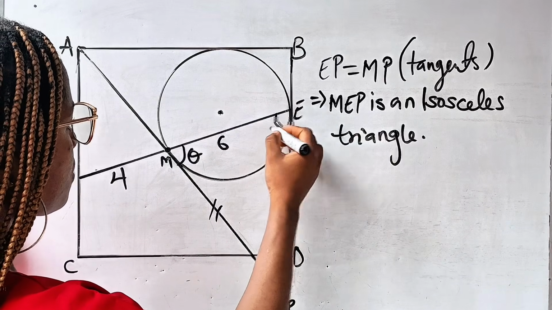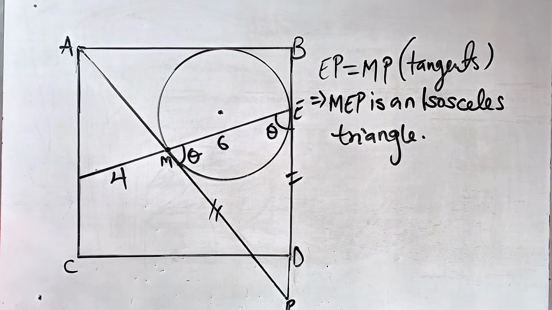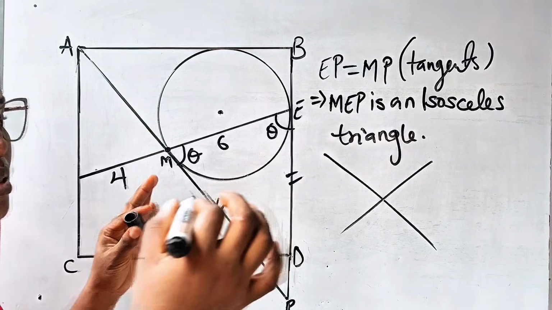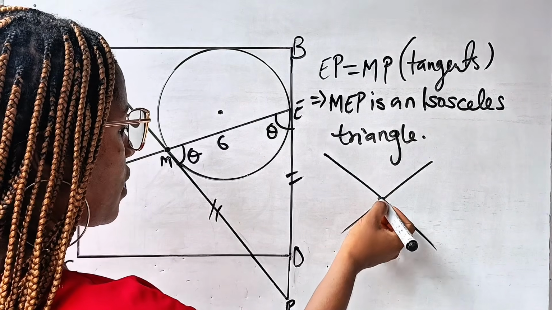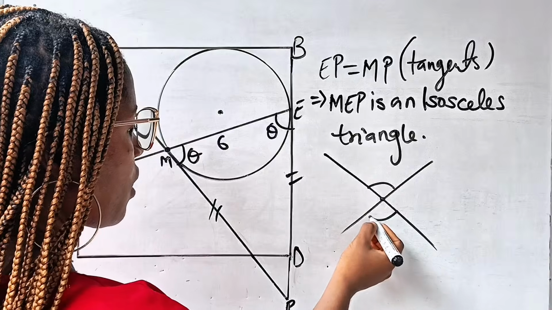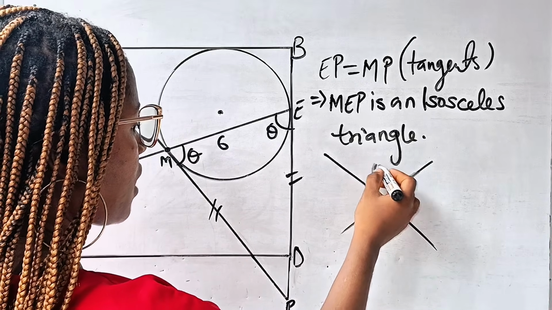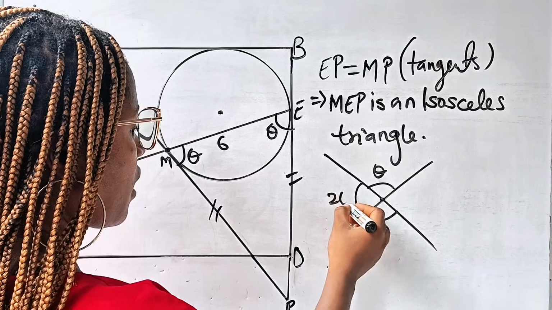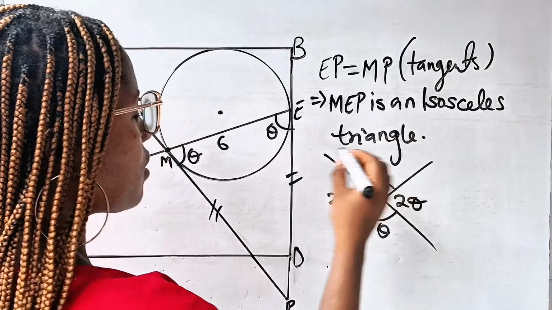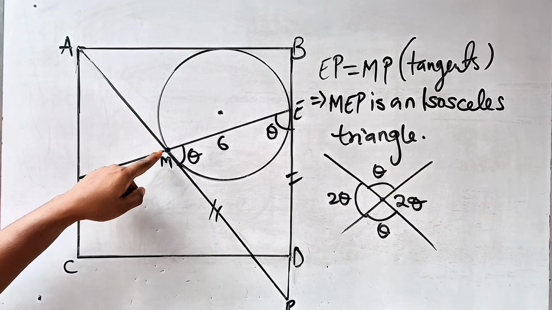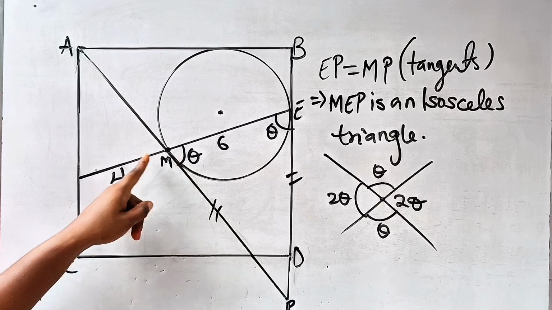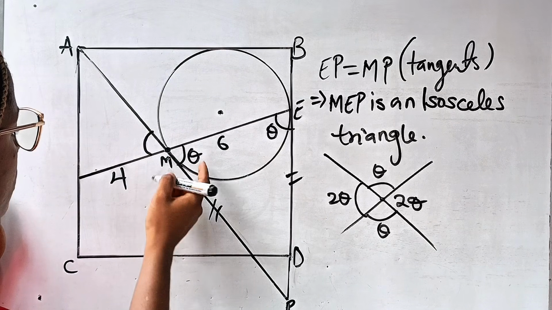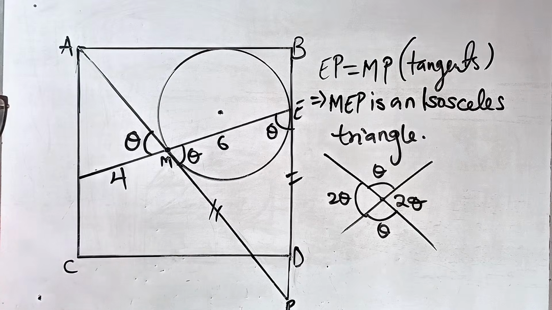That means this angle must be equal to theta as well. Now, remember that when you have two lines crossing each other, vertically opposite angles are equal. So if this is theta, this should also be theta. If you look at point M, the angle here is vertically opposite to this one, so this is also theta.